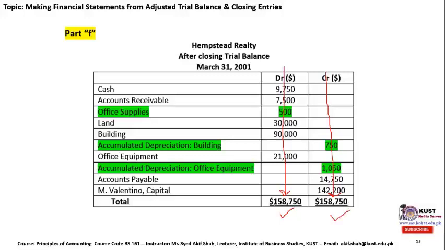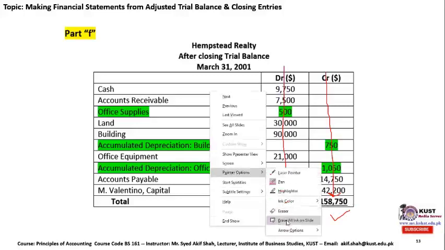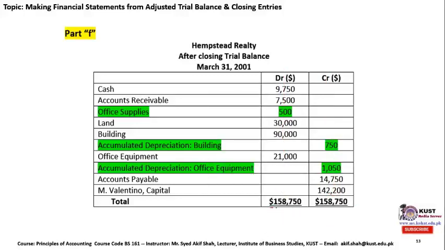So the total of debits is now $158,750, and for the credit column, it is $158,750. Afterwards, bear in mind not to forget drawing the double line beneath the final balance, which will represent that this particular financial statement has closed down. So this is the final step of the accounting cycle. Let's move ahead.